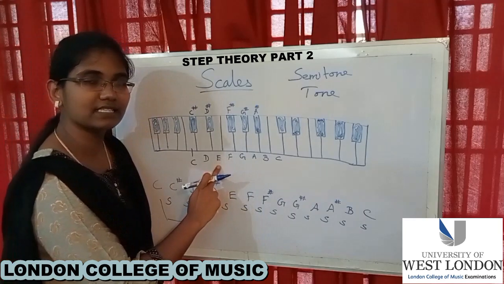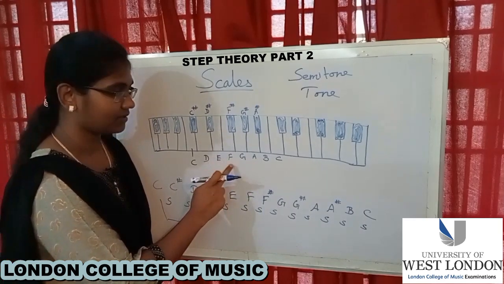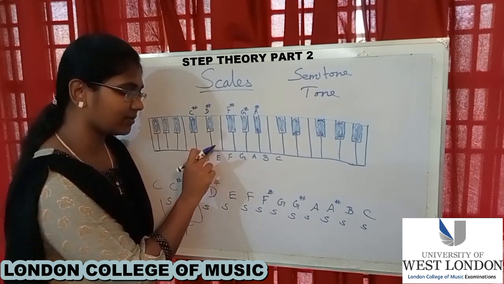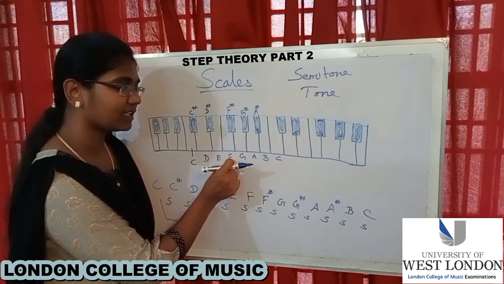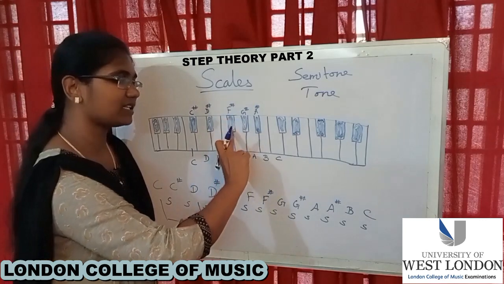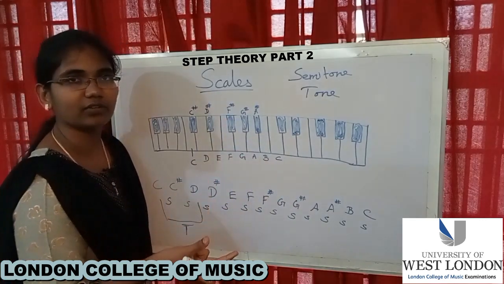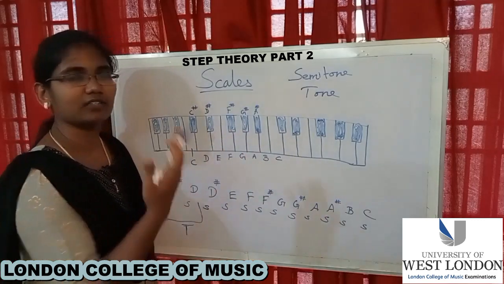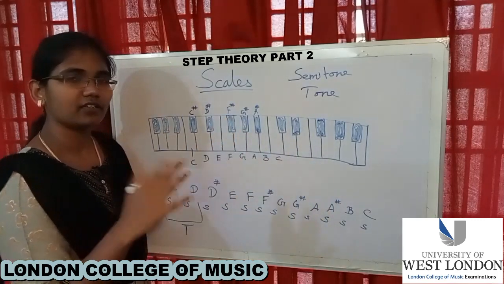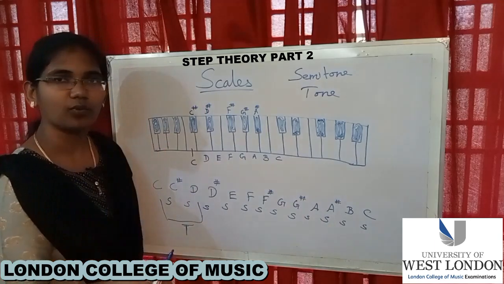Which note is in the semitone gap of E? F. Okay. So F is the immediate next note of E. Okay. What is the semitone for F? That is F sharp. So the gap between F and F sharp is in semitone. Have you all clear? Tone and semitone. Okay. Two semitones are equal to one tone.